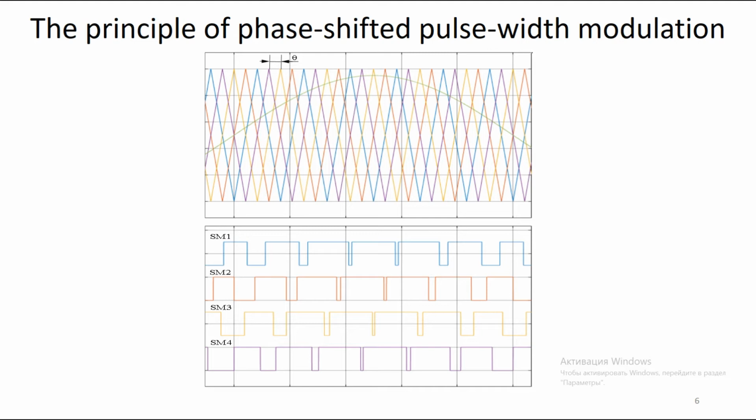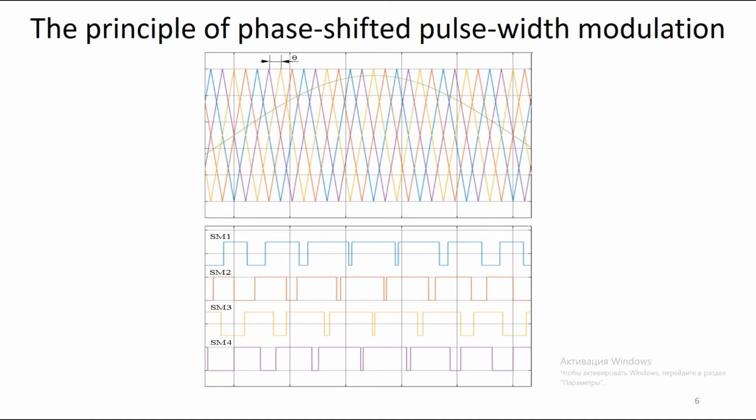To improve the coefficient of total harmonic distortion, a phase shift of 2π/N between the triangular carrier signals is set. Thus, it is expected to investigate the influence of the magnitude of this shift on the performance of a modular multilevel converter. A mathematical model in the Matlab Simulink environment has been developed to study the influence of the carrier shift angle on the operation of a modular multilevel converter.